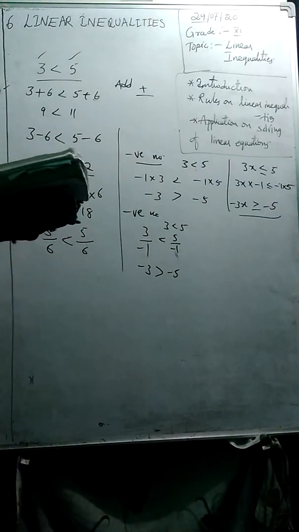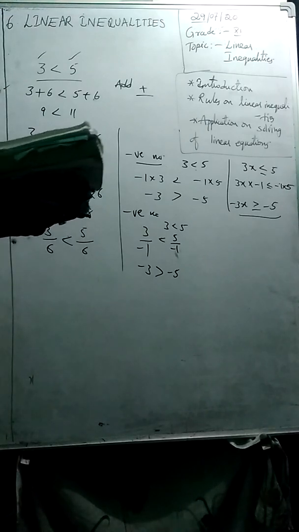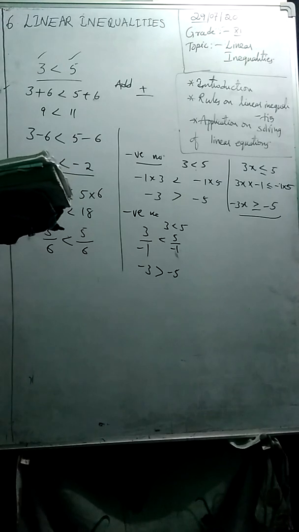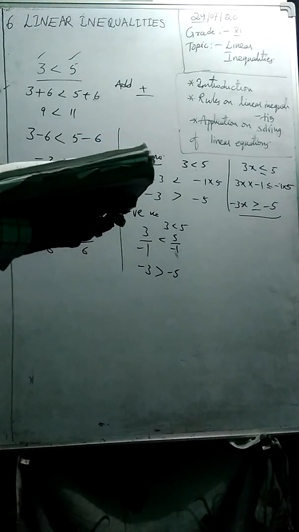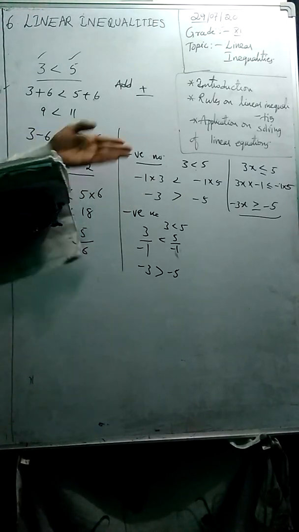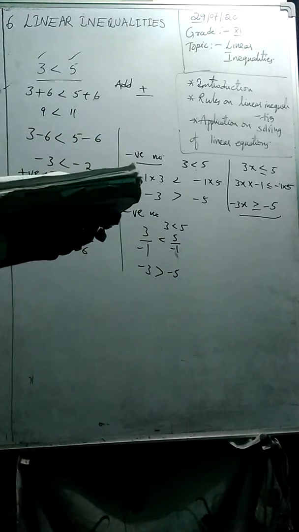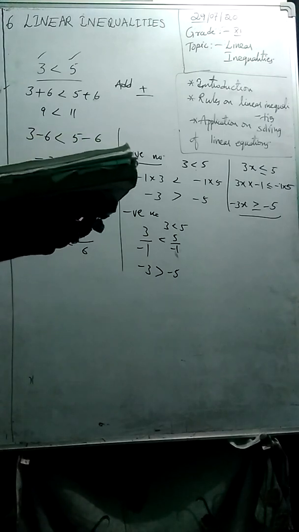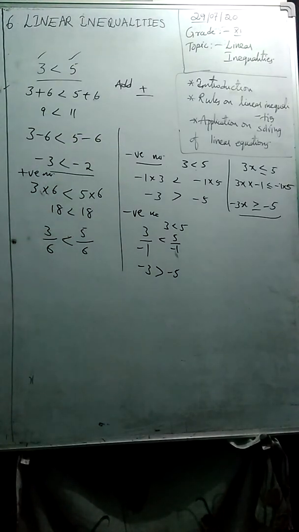So both sides of an inequality can be multiplied or divided by the same positive number, but when both sides are multiplied or divided by a negative number, then the inequality is reversed. That is what we observed. The values of x which make an inequality a true statement are called solutions of the inequality.